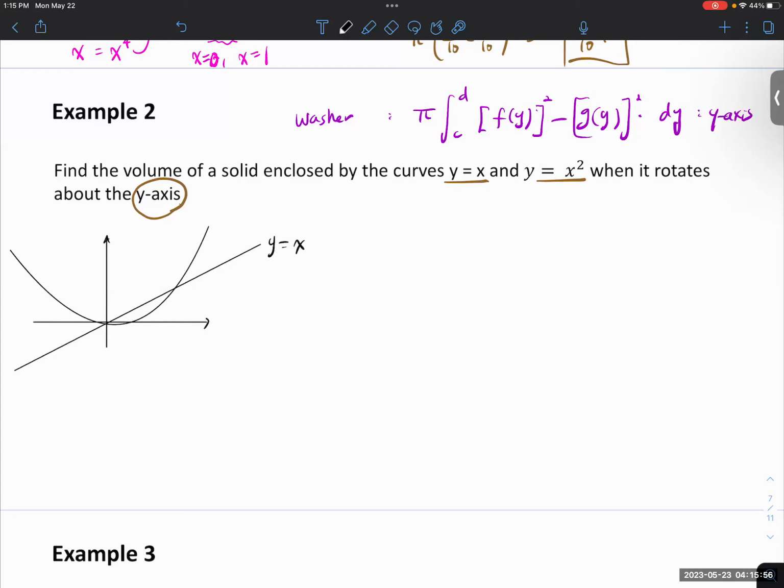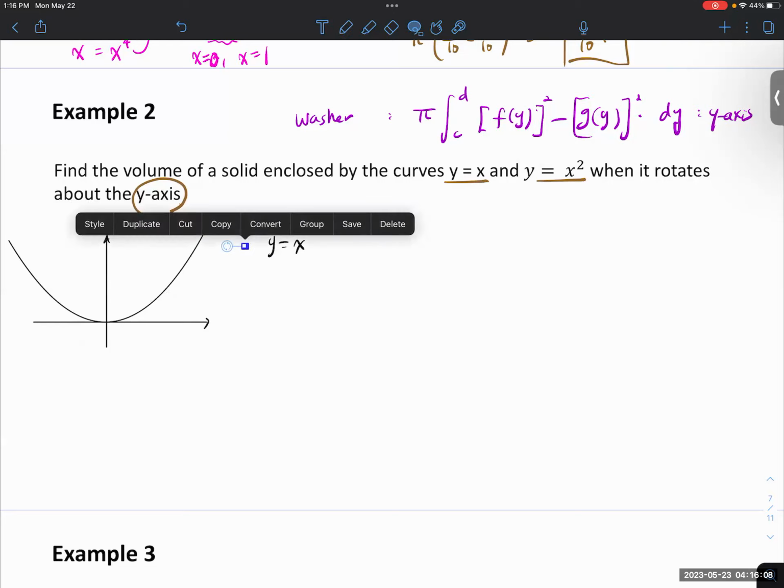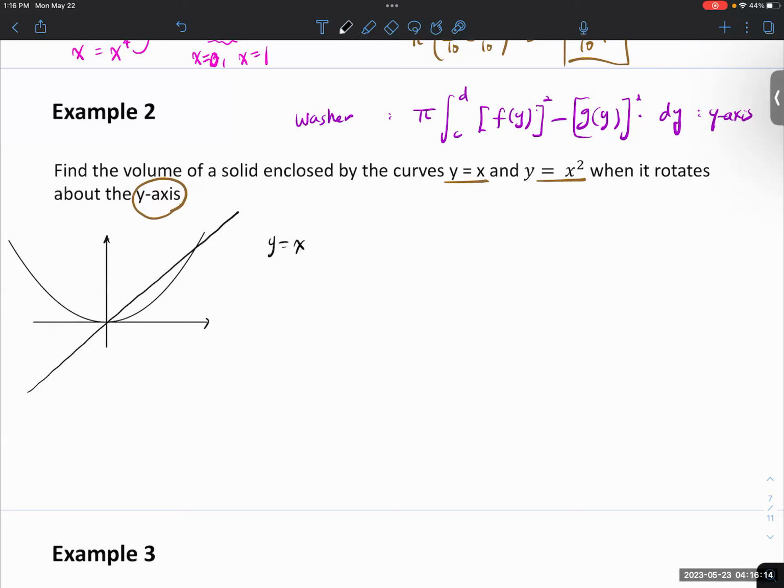Okay, that's better. So this is y equal to x, and then we have y equal to x to the second power.